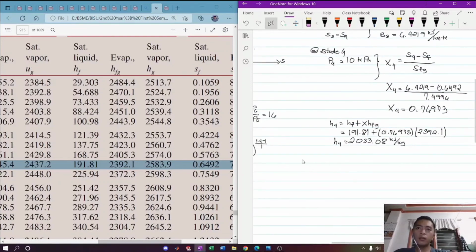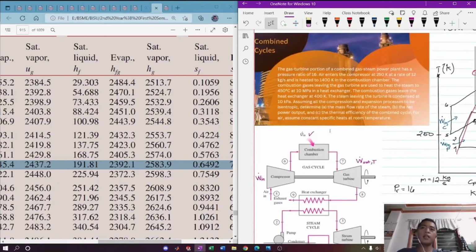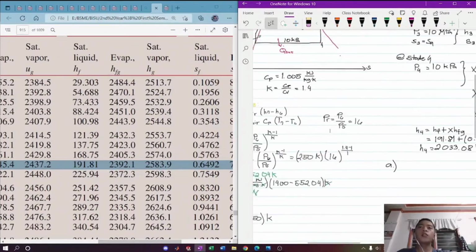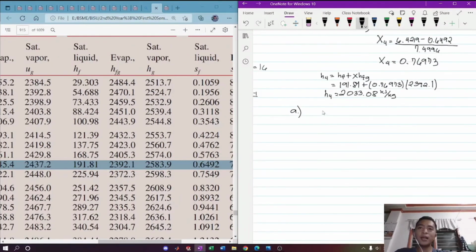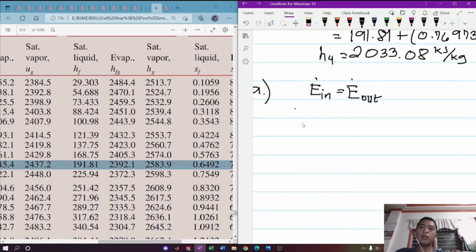Now we can solve the mass flow rate of the steam. So energy balance na. So E dot in is equal to E dot out. So ang atong energy is diba summation na siya.